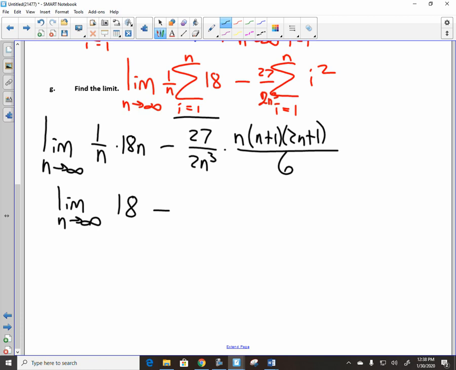Minus, what do you want to cancel? Okay, so we'll get rid of that and get rid of one of those. Do you want to do 27 over 6? Want to reduce that? Get rid of a 3 out of that, so 9 over dos. Spanish for 2.